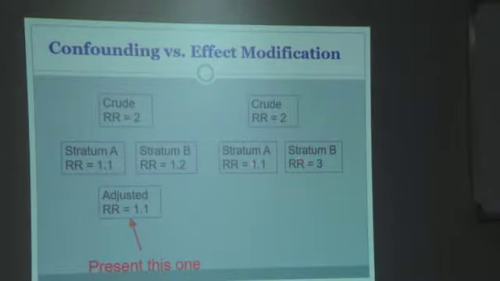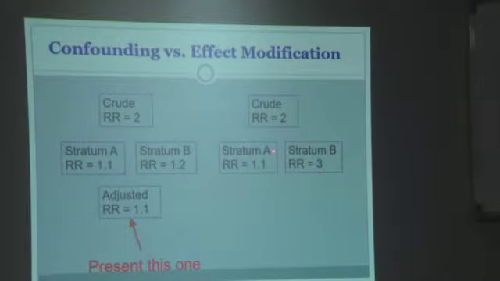Here, when we compare these two, 1.1 and 3, they are different. So while here we say there is similarity, the word to use is homogeneity. There is homogeneity of strata. Here, there is difference. The effects are different. Here it's 1.1, here it is 3, triple. The risk triples.